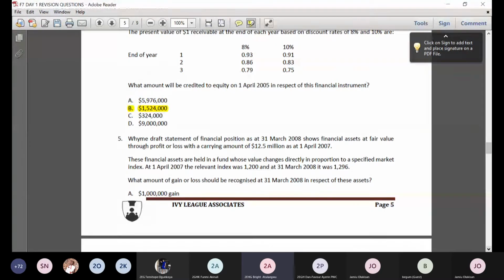At 1st April 2007, the relevant index was 1,200, and at 31st March 2008, it was 1,296. What amount of gain or loss should be recognized at 31st March 2008 in respect of these assets?